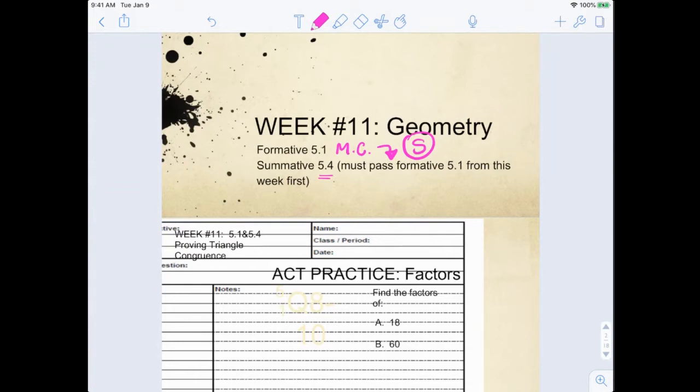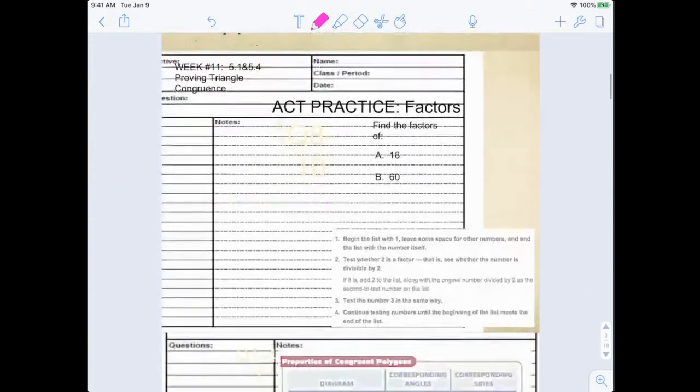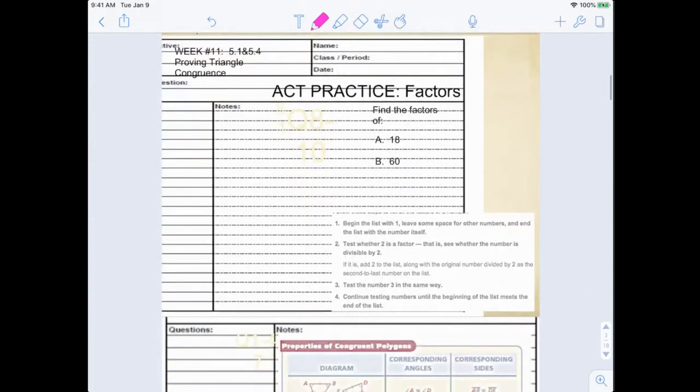So we're going to look at notation for congruent triangles and how to label things, because then we're going to use that in 5.4 to actually work with and solve problems that involve triangle congruences. So here is kind of what we have for the week. Again, 5.1 and 5.4, proving triangle congruence.